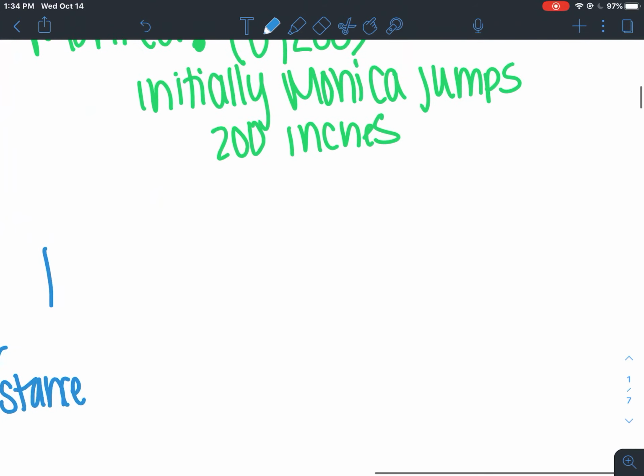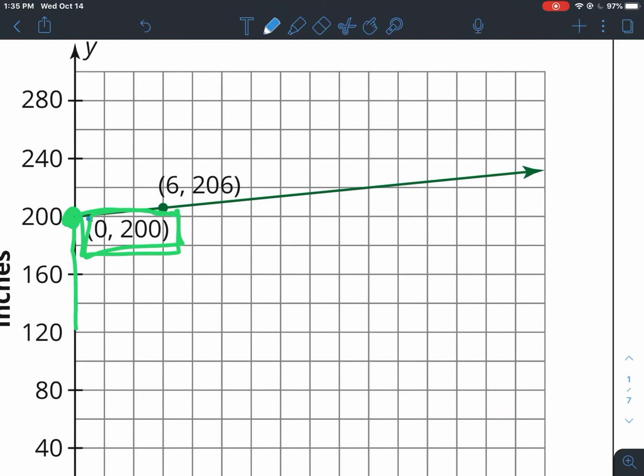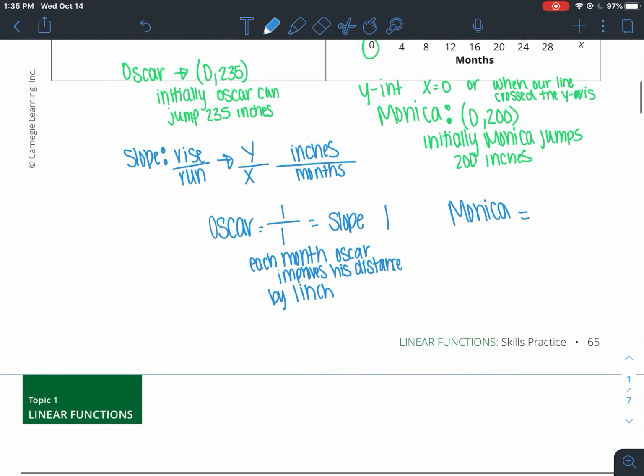Okay, and then for Monica, we're given these 2 points, so we'll use the slope formula, which is the difference of the y over the difference of the x.